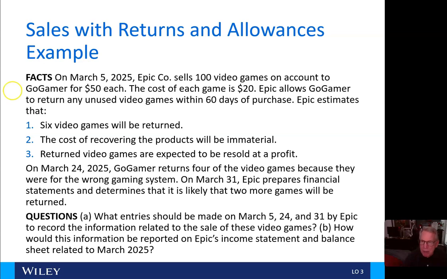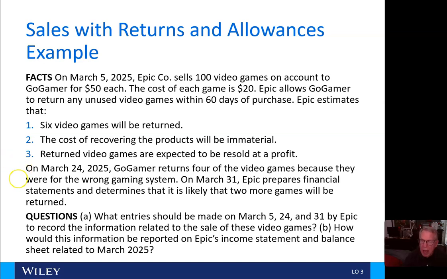Epic estimates that 1, 6 video games will be returned; 2, the cost of recovering the product will be immaterial; and 3, returned video games are expected to be resold at a profit. On March 24, 2025, GoGamer returns 4 of the video games because they were for the wrong gaming system. On March 31, Epic prepares financial statements and determines that it is likely that 2 more games will be returned.